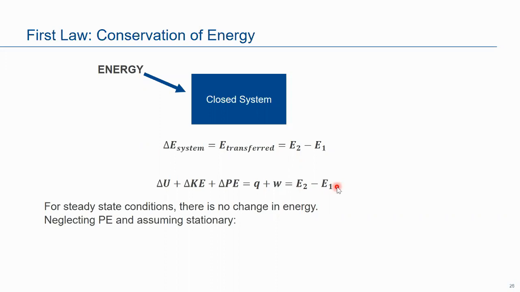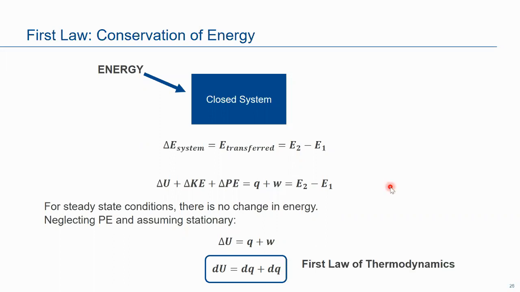There is no change in the energy content total. Now, if we neglect yung potential energy, and we are assuming that the system is stationary, walang motions, ibig sabihin you can cancel kinetic energy, ang matitira lang sa equation natin is delta U equals Q plus W. In terms of differentials, it's dU equals dQ plus dW. And this equation is now what we call the first law of thermodynamics.